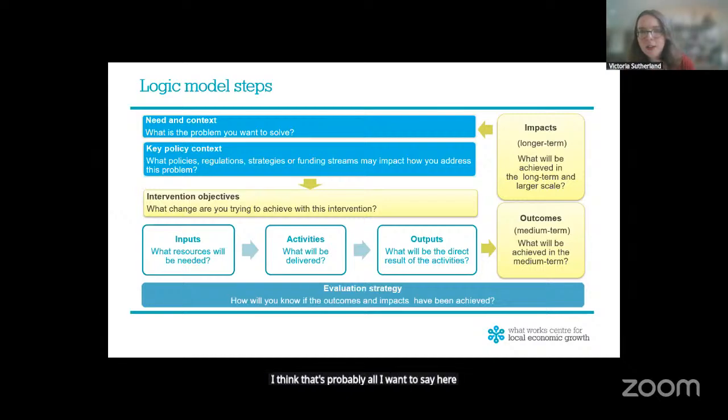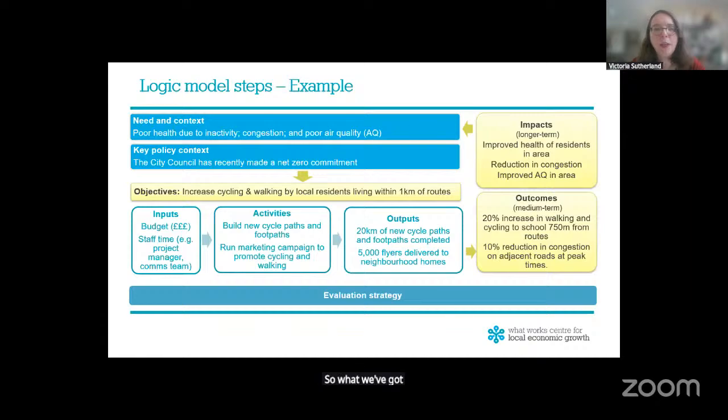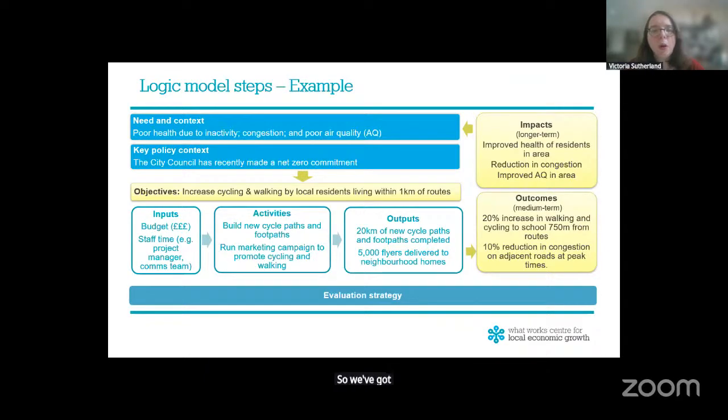Megan, could we click onto the example? So what we've got is an example here. We've got a scenario where there's actually a number of different issues within the area that we're looking at that have come together. So we've got individuals who are in poor health because of inactivity.